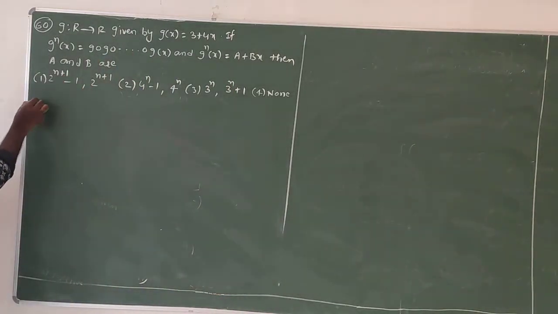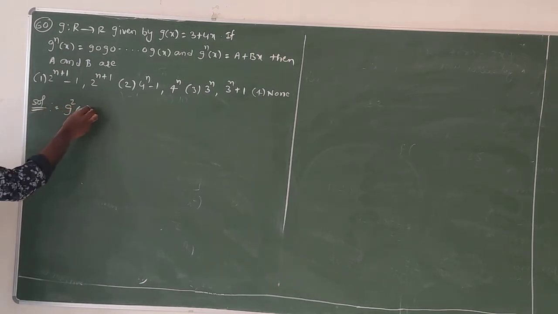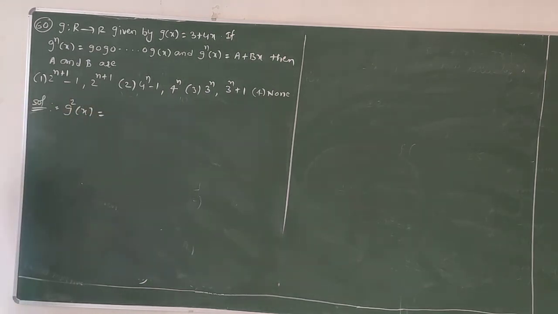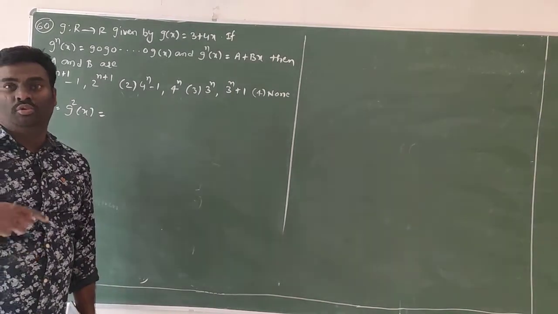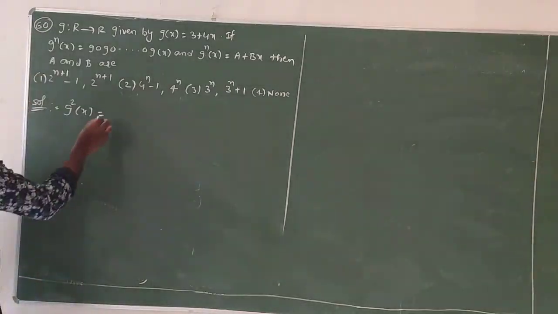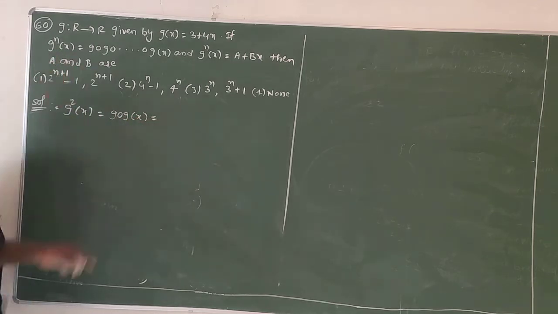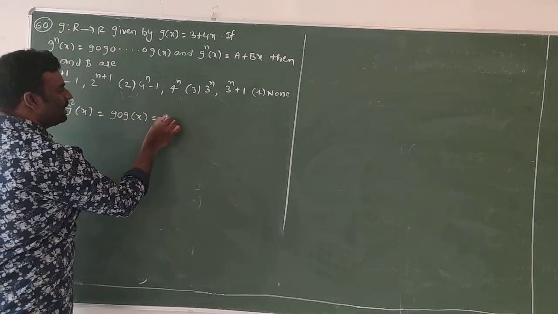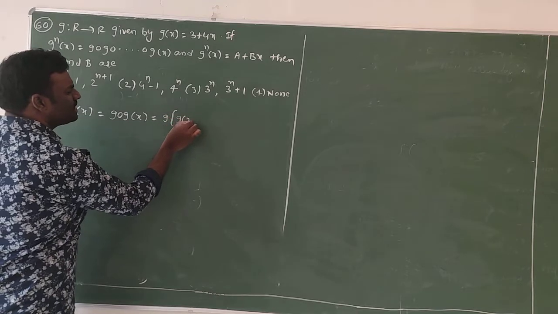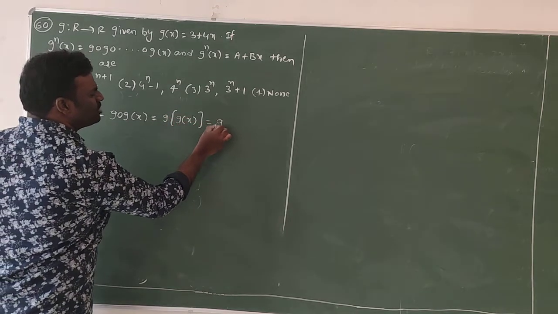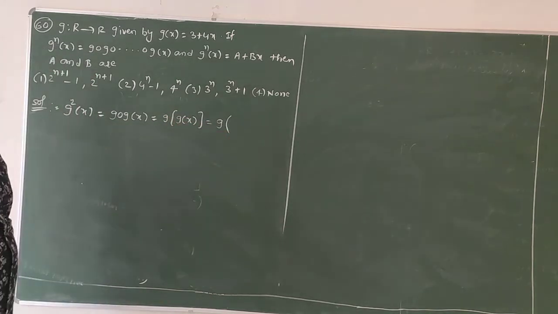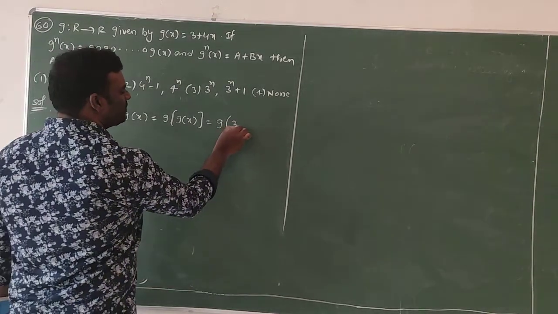So already g of x is given. Next I am finding g square of x, 2 times. g square of x is nothing but we need to apply the composition like this: g circle g of x. g circle g of x can be written as g of g of x, that equals g of the function g of x, which is given, that is 3 plus 4x.